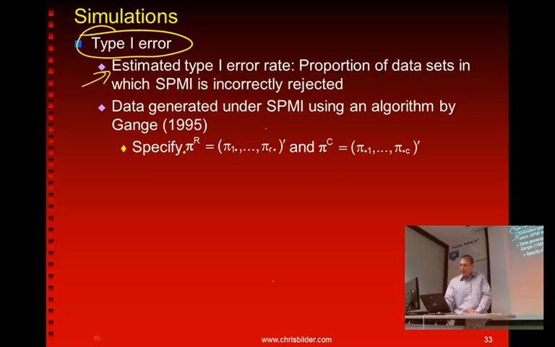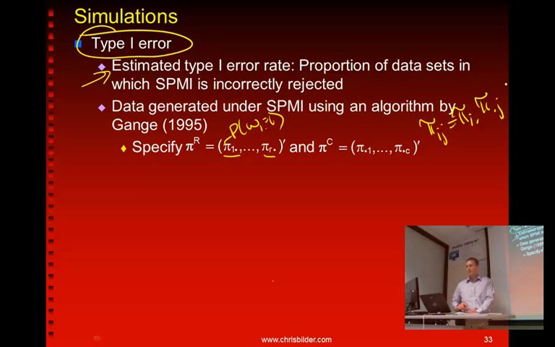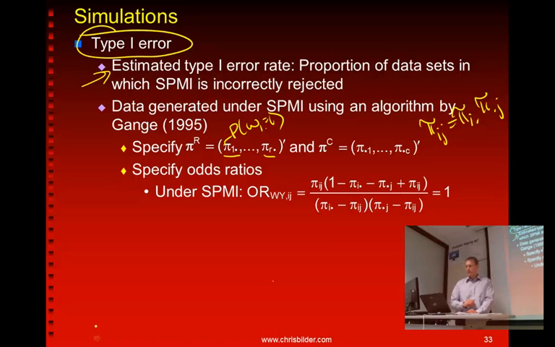In this setting, what I need to do is specify the marginal probabilities. So this is, for example, the probability W1 is equal to 1. Notice I do not need to specify pi sub ij, because under the null hypothesis, my odds ratios, my measure of association between each W and Y pair, is 1, meaning I have independence.